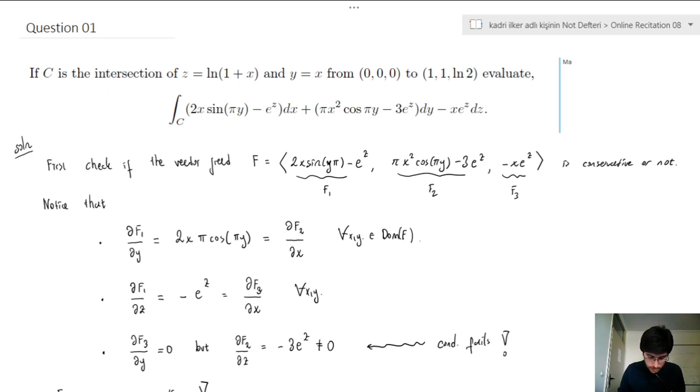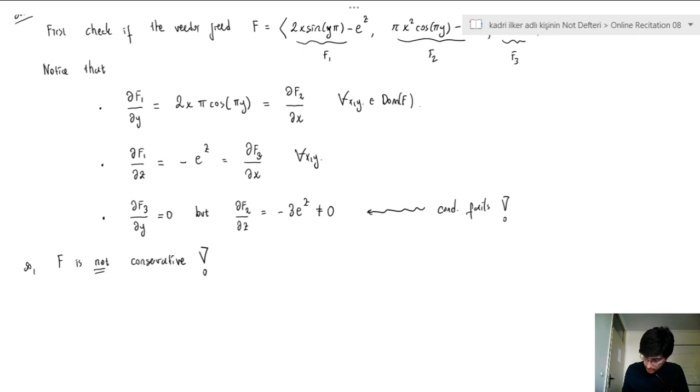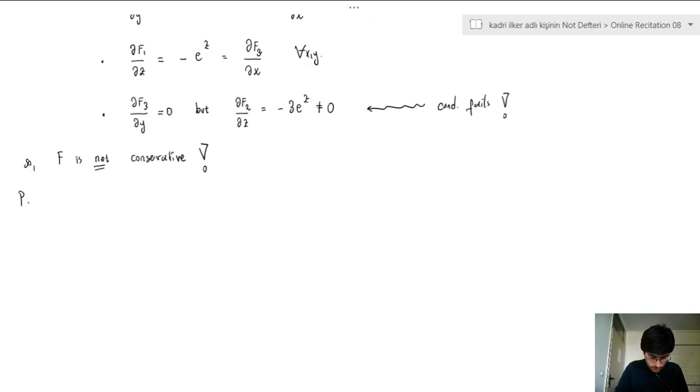But here, using direct computations with the parameterization of C is still hard. So again we have a problem. What should we do? Actually, we need a new approach.